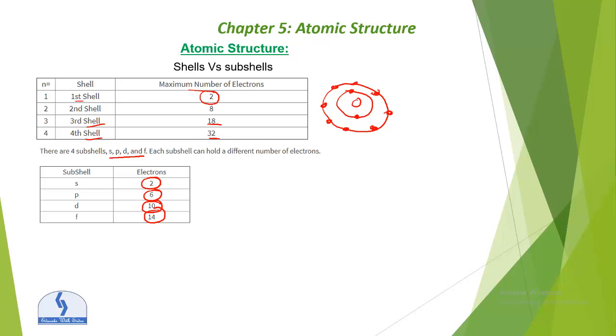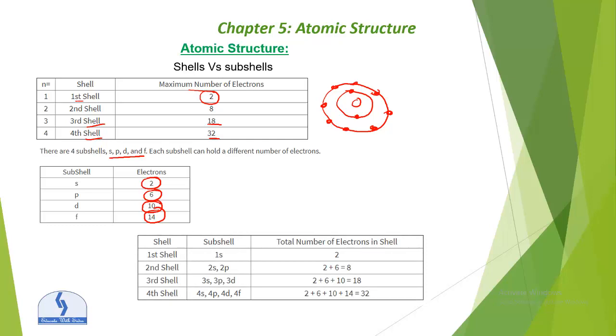Right. Now, next is, for example, the first shell has the subshell 1s, so the total number of electrons will be 2. The second shell has 2 subshells, S and P, so this is shell number 2.